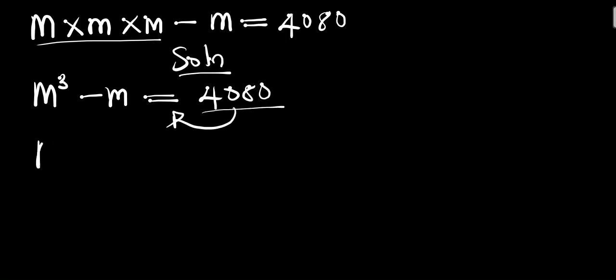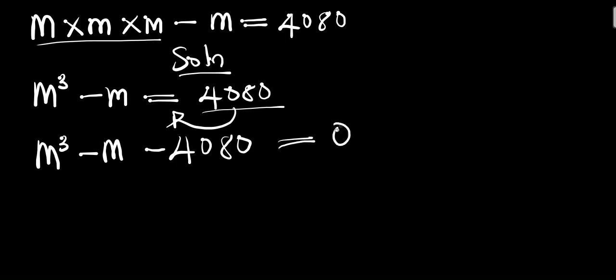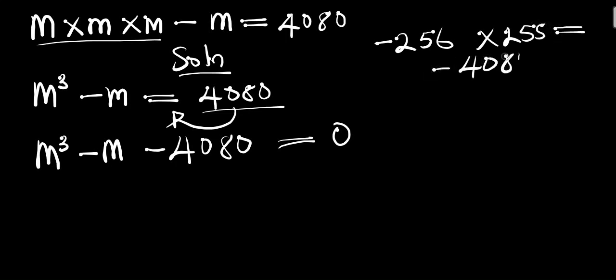We are going to have m power 3 minus m minus 4080, and this is equal to 0. Now remember, if you have negative 256 times 255, this will give you negative 4080, which is what we have here.